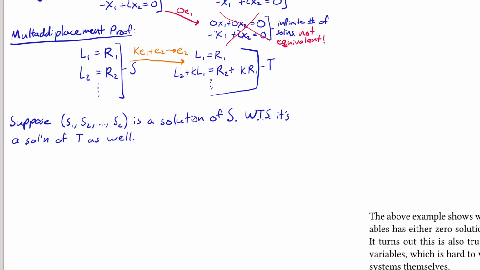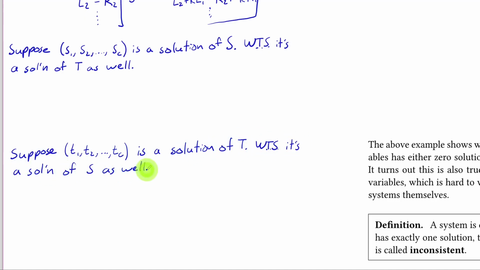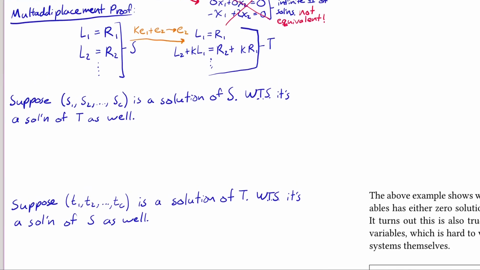But we also have to prove the converse of that, that if you have a solution of T, then it's also going to be a solution of S. So to write out the beginning of that part of the proof, it would look the same idea, just with the T and S switched. So this is laying out the two things that we have to do for this proof.